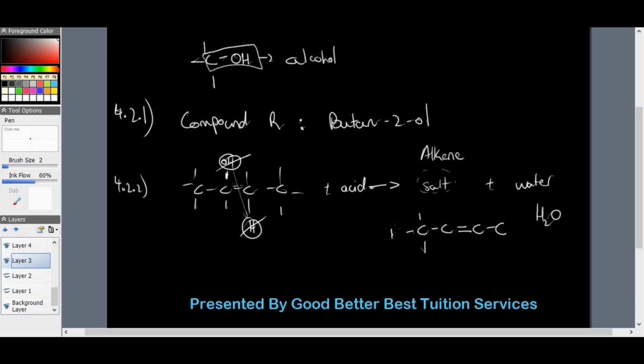So let's draw in our hydrogens quickly. We'll have a hydrogen there, a hydrogen there, or we could have swapped it out actually. Let me just swap it out. Sorry guys. Okay, so that hydrogen stayed, that one went, and that one went, so that one will obviously stay.